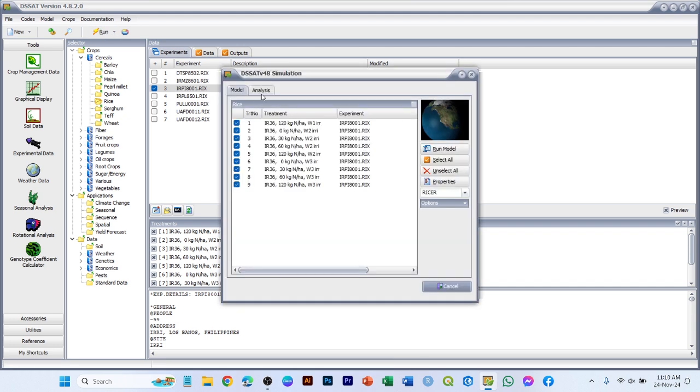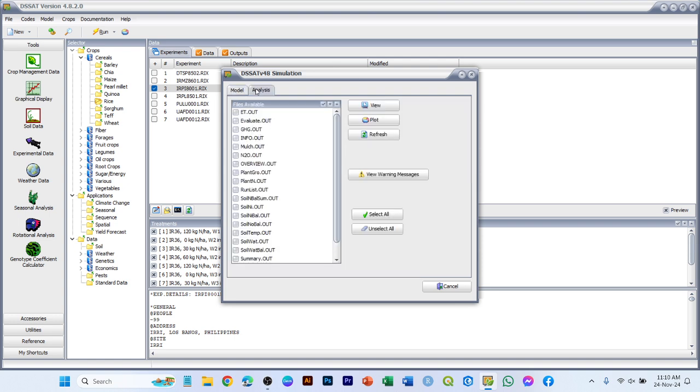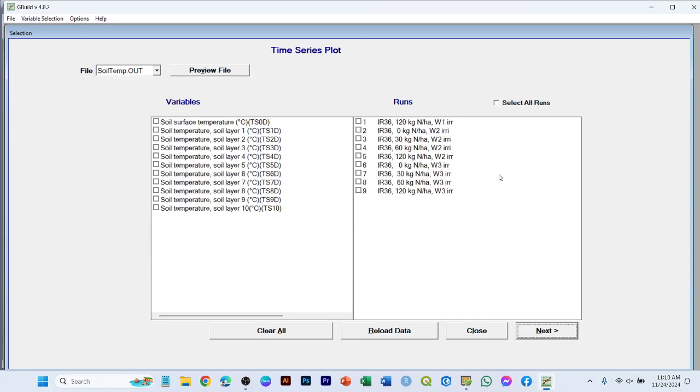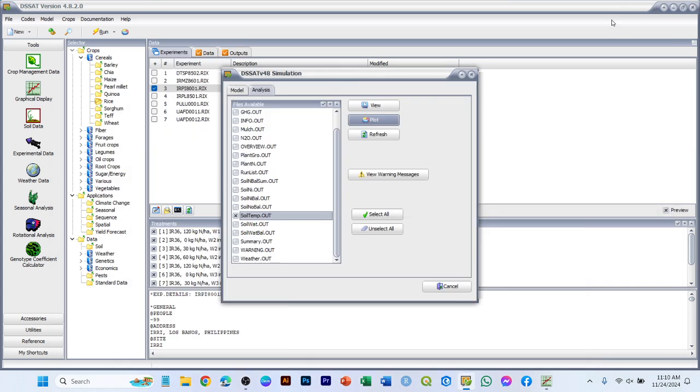It depends from experiment to experiment. Some of the experiments might have some soil related treatments as well, so their input data is over there. That's why those treatments are also going to run. The soil temperature file is not running, she means.